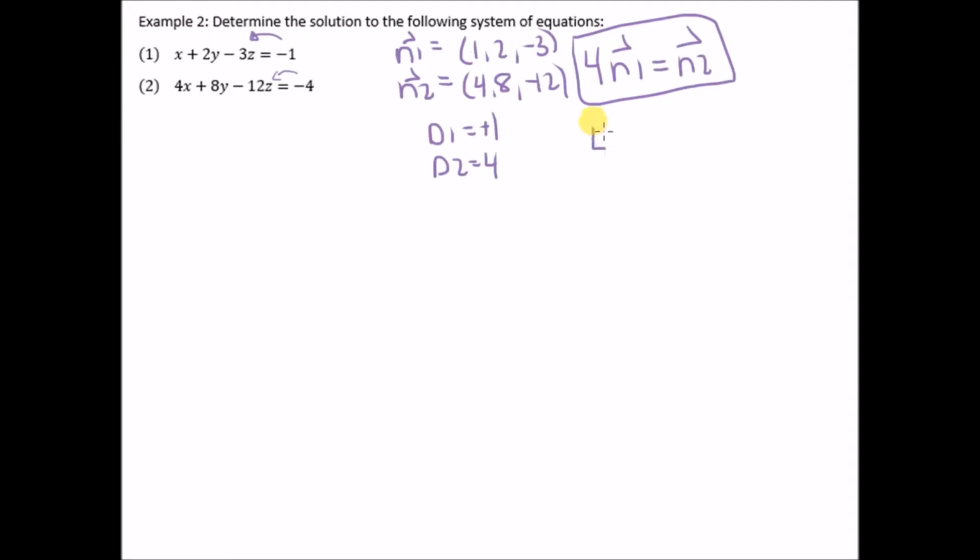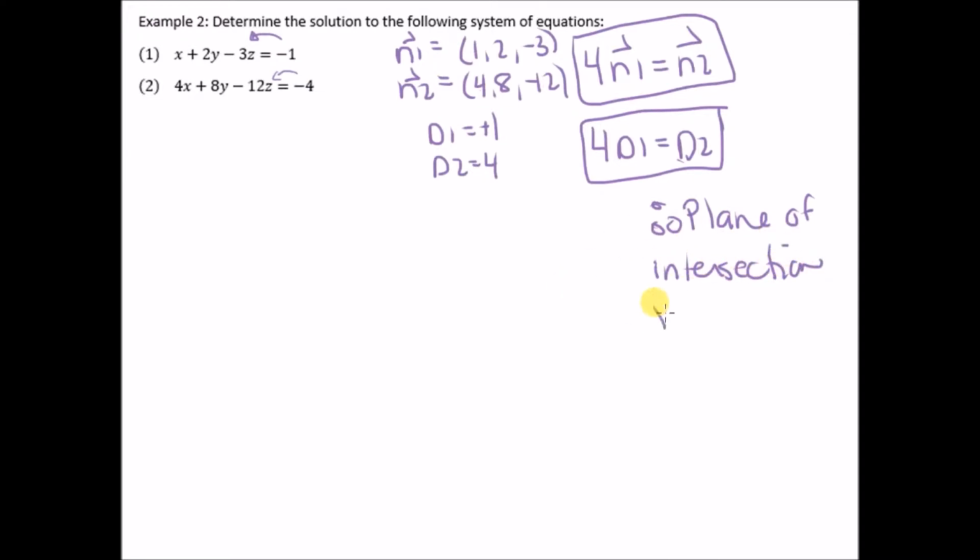So 4 times d1 equals d2. That to me means that these are the exact same equations. Already, I know that there's infinitely many solutions. Let's call it the plane. We'll call that the plane of intersection.